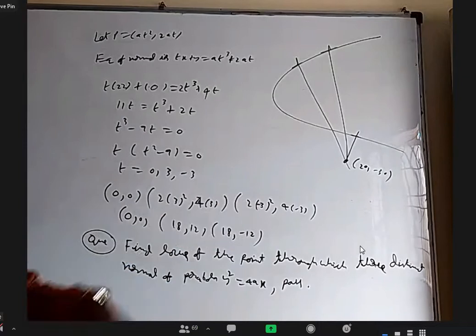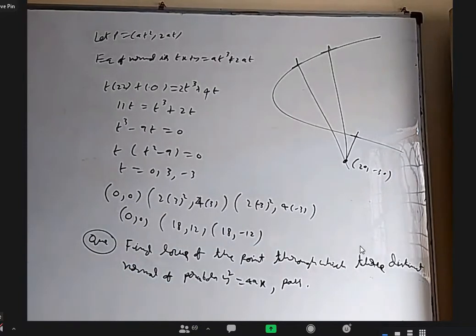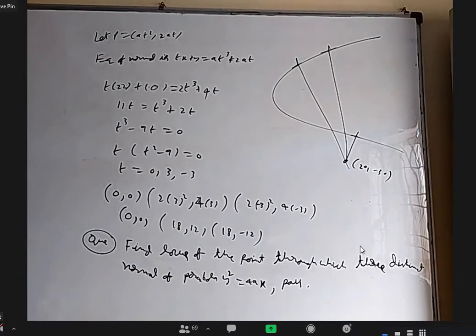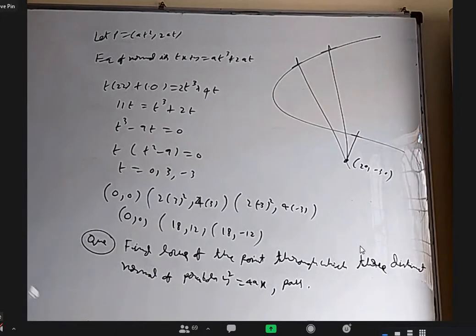That's what we already mentioned. So I'm looking for points through which three normals of the parabola should pass. So what's the locus of all these points?